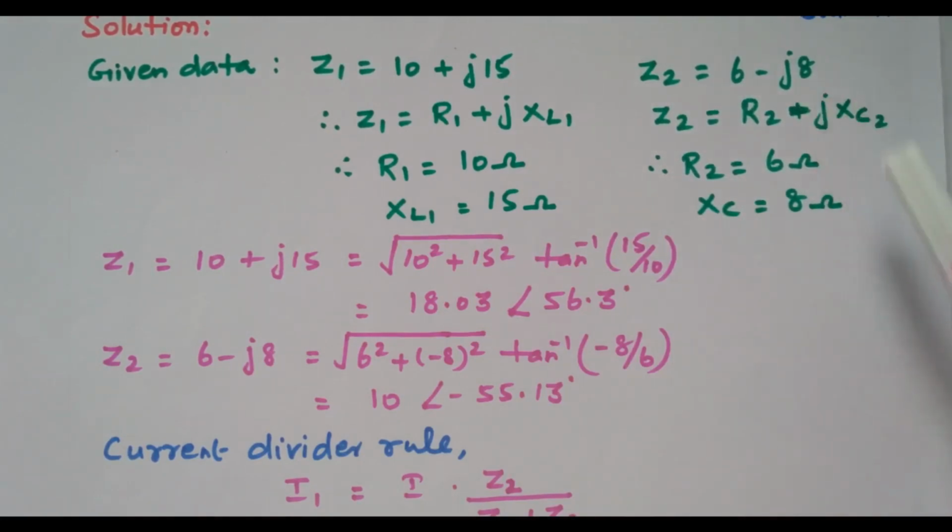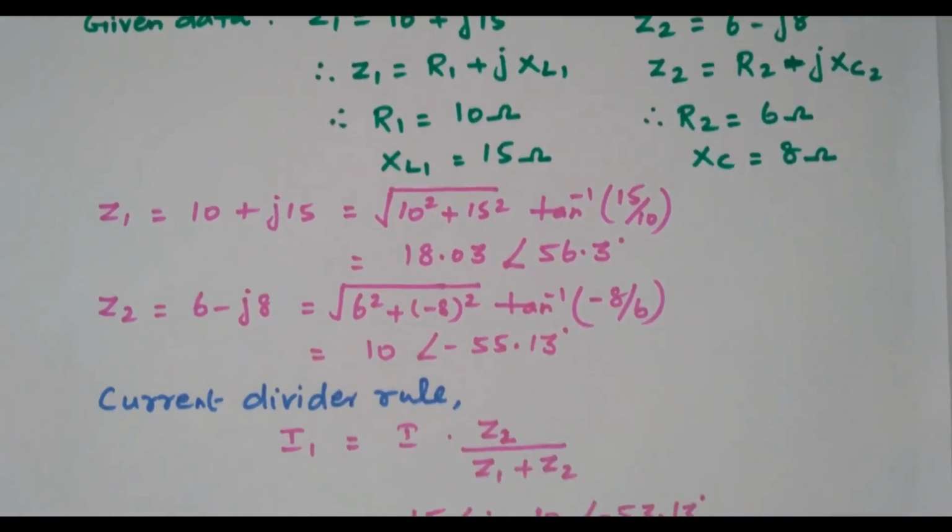This minus J refers to a capacitive circuit. So, R2 minus JXC2. By comparing these two equations, R2 equal to 6 ohm. Similarly, XC2 equal to 8 ohm. So, now we are able to identify the R1 value, XL1 value, R2 value and XC2 value.